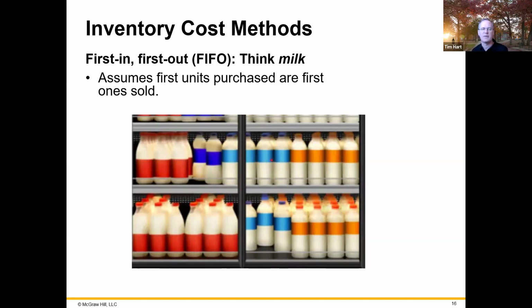But from an inventory perspective, if the milk is going to last maybe 3 weeks or a month at the store, probably 2 to 3 weeks, they want to sell the oldest stuff first so that their inventory doesn't go bad. And you still have a week or two to drink that milk, and it still tastes good. So for FIFO, think milk. That's the type of asset that works well for.